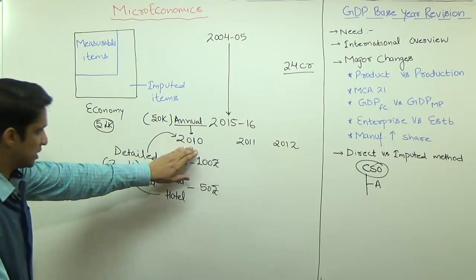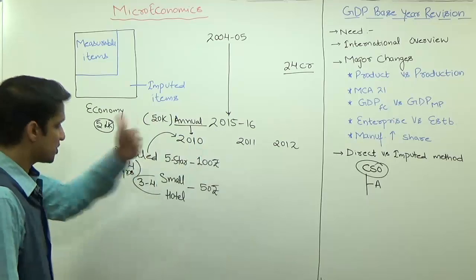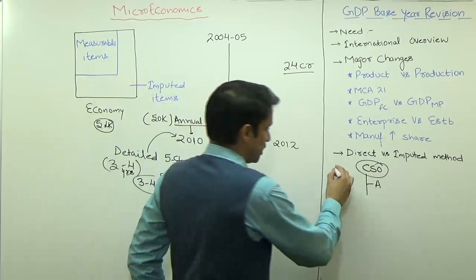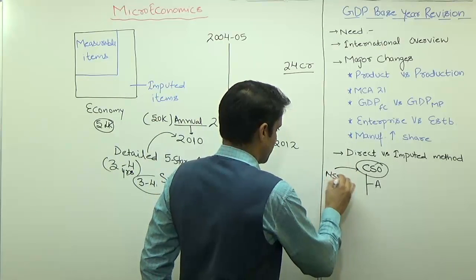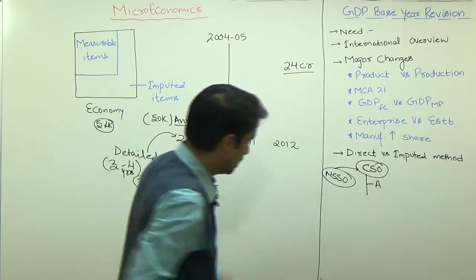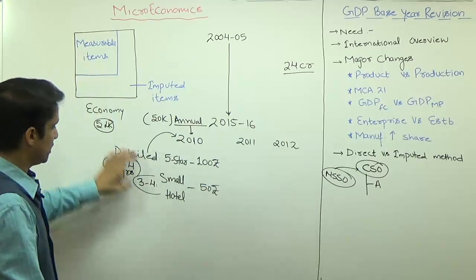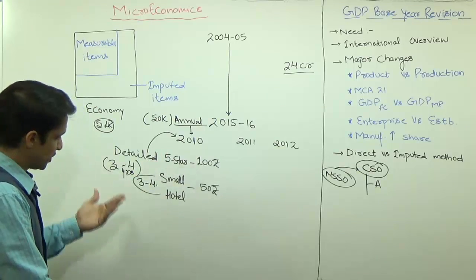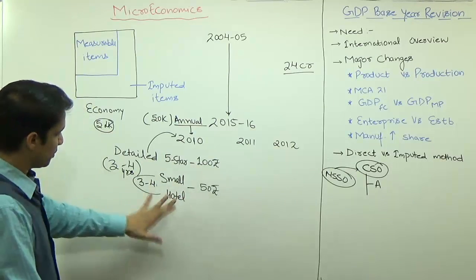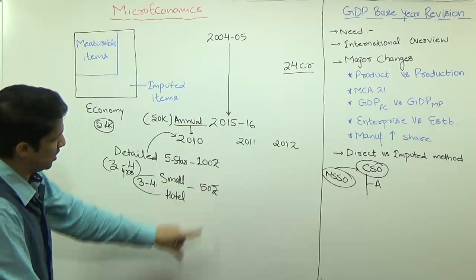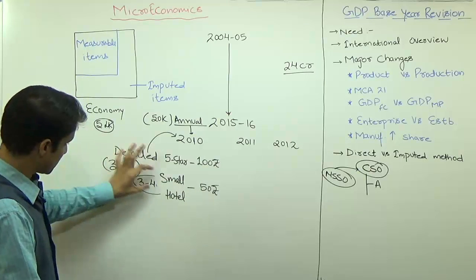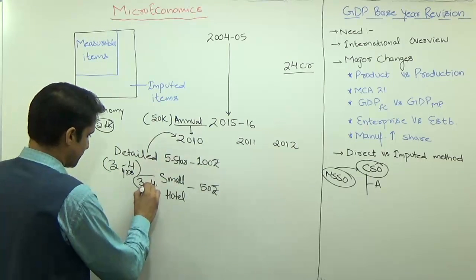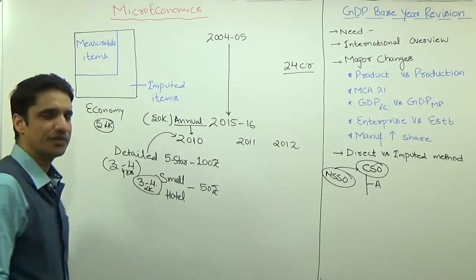Because CSO takes the data from NSSO, the National Sample Survey Organization, and NSSO has performed the detailed survey as well, they have the information that the total sale of small hotels across India from this sample of 3 to 4 lakh is 50 rupees.